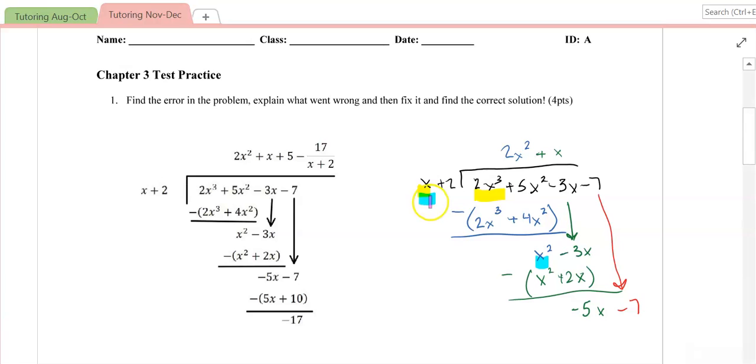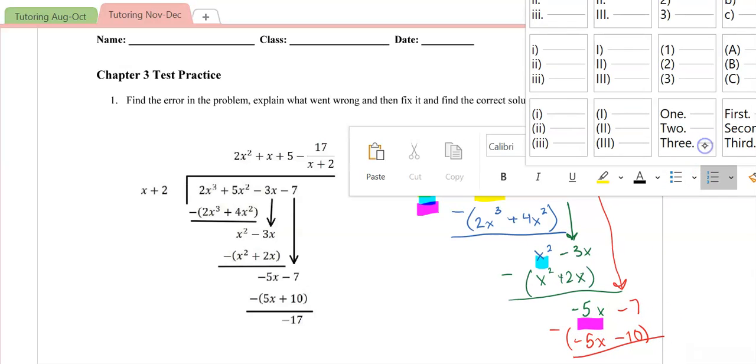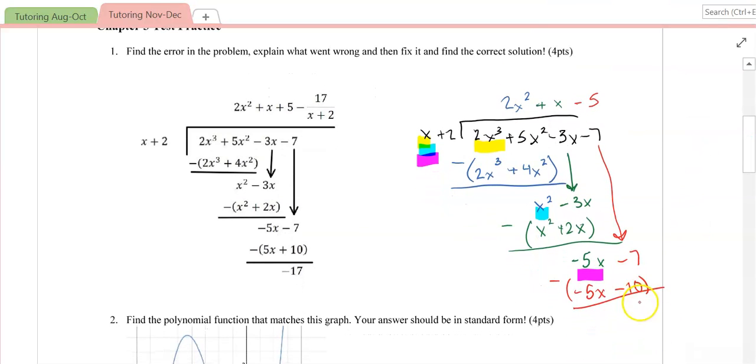You're going to ask yourself one final time, what do you need to multiply x by to get a negative 5x? And that will be a negative 5. Then we will do that multiplication. So we'll have a negative 5x minus 10. And we subtract. Negative 7 minus a negative 10 makes a positive 3. So our remainder is 3 over x plus 2.